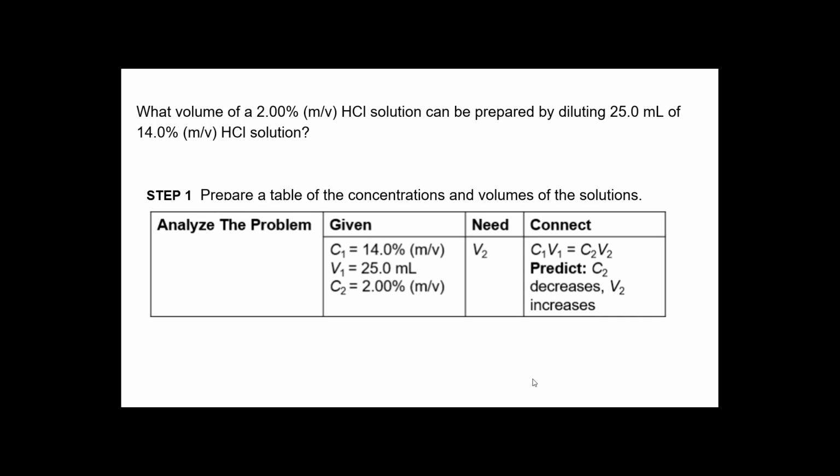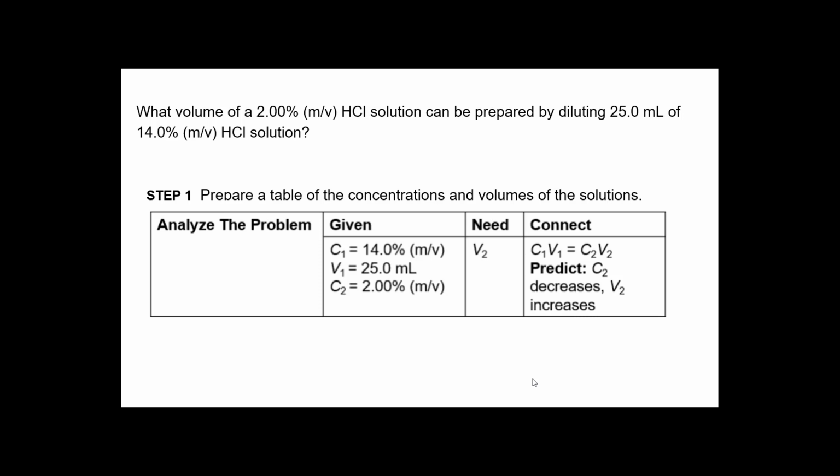What volume of a 2% HCl solution can be prepared by diluting 25.0 mL of a 14% HCl solution? This sounds like a very difficult problem, but you're given three variables, and three variables will allow you to solve for the last variable. We're given C1, 14%, V1 is 25 mL, C2 is 2%. We need the volume.